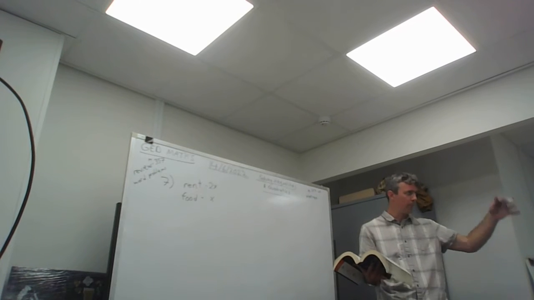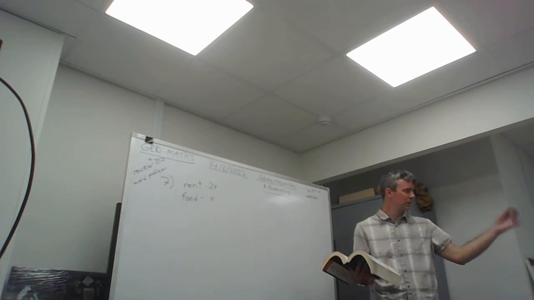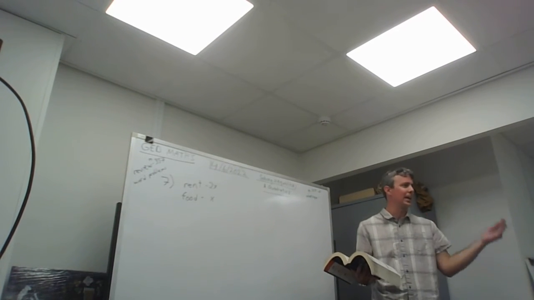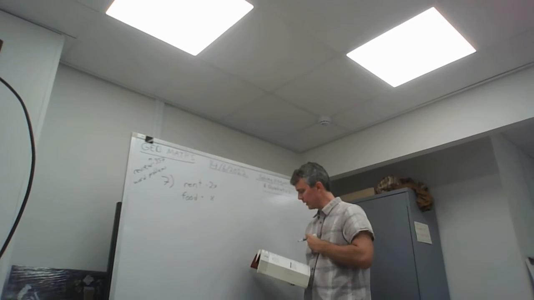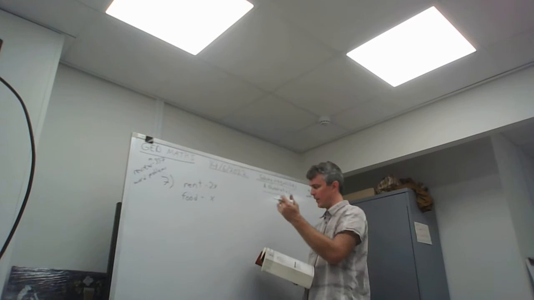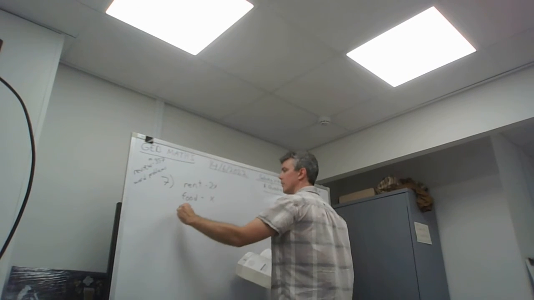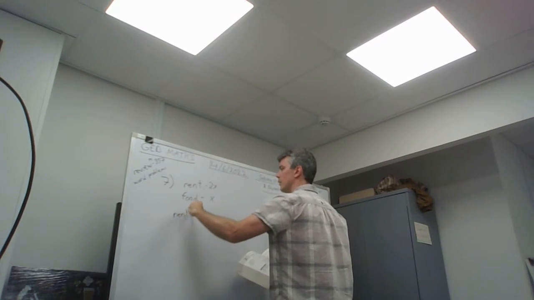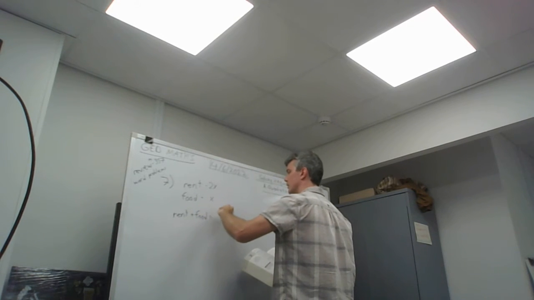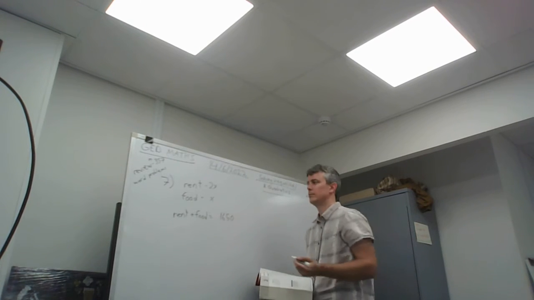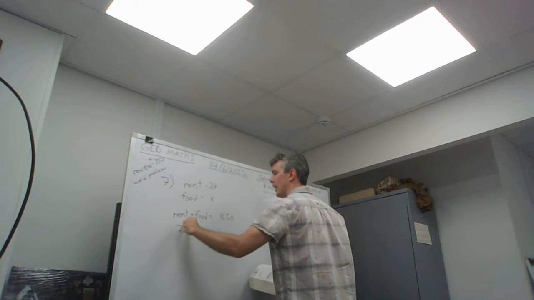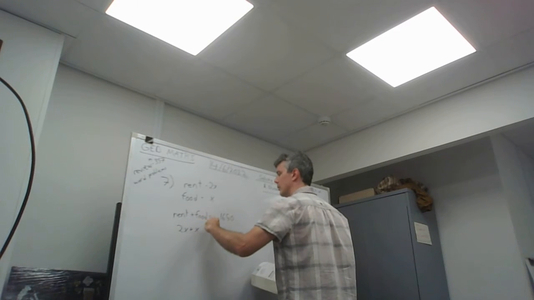You guys see, this is the pattern. This is why we do this multiple times, we start seeing the pattern, we see how we do it. Now we know that combined together they're 1650. Rent plus food equals 1650. Then we put them in: 2x plus x equals 1650.